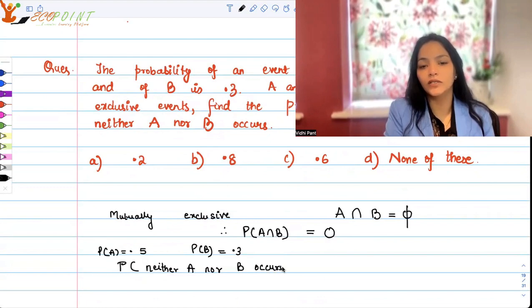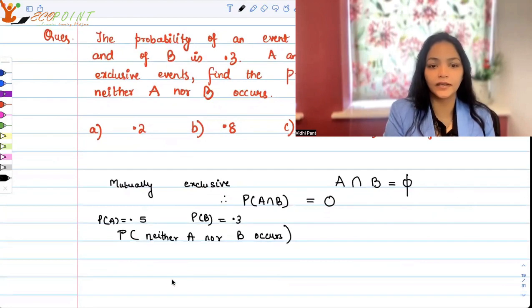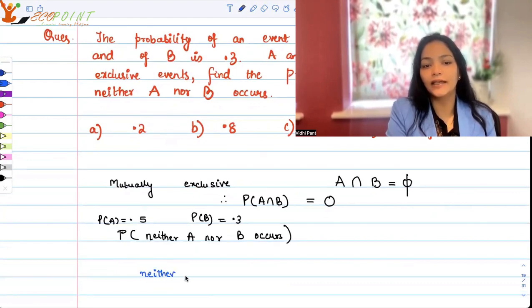Now with this question, I want to clarify a little bit of set theory. When we have two sets and we are talking about elements which are neither in A nor in B.